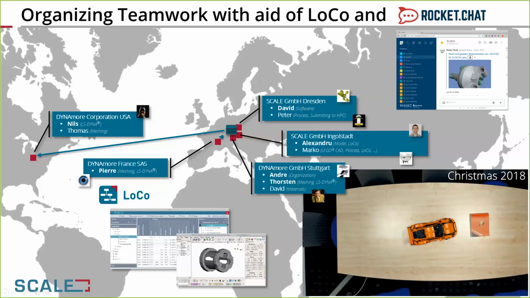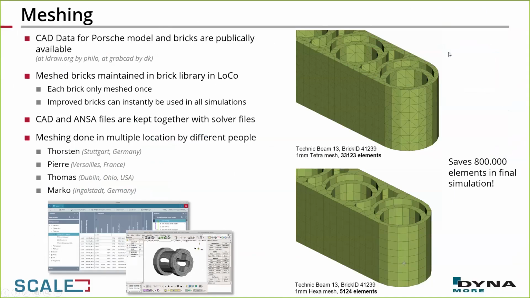And actually, most of the effort went into meshing. Fortunately, all the CAD data, as mentioned earlier, had been available on the internet. And so it was merely a thing of importing the CAD data into LoCo. And then we could start to mesh every brick.